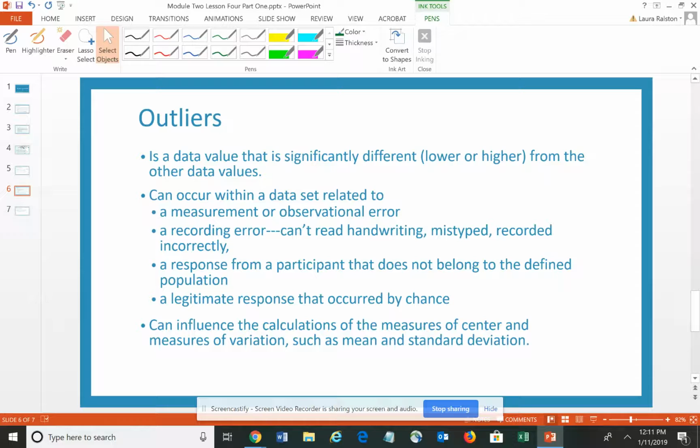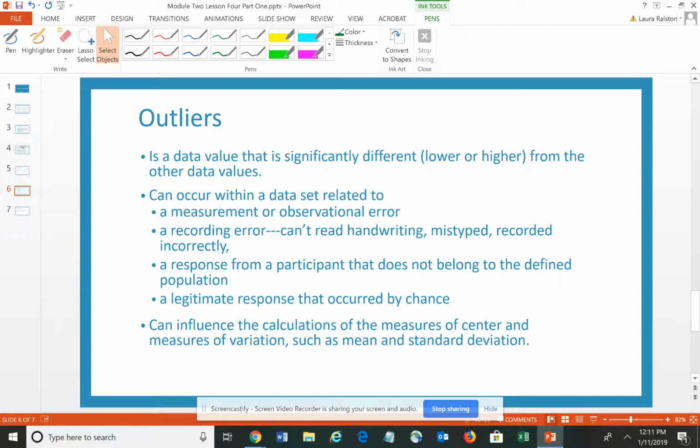Sometimes it's possibly related to an error where perhaps you misread the measuring tool, or you used the measuring tool incorrectly, or you just read it wrong, you wrote it down wrong where you can't read your handwriting, or it got mistyped, maybe you reversed the numbers. So there could be a recording error that causes the outliers.